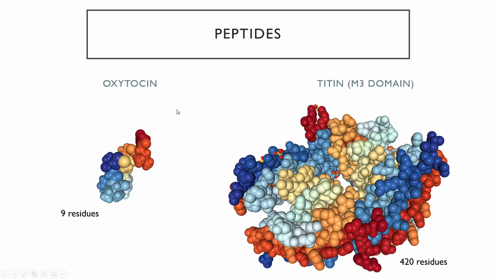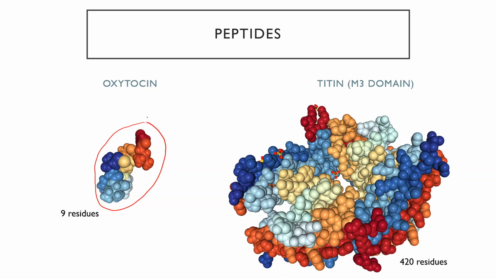And then, again, peptides come in lots of shapes and sizes. So by definition, a peptide, the broadest definition, is just any number of amino acids that are linked together by peptide bonds. But in practice, usually when you hear the word peptide, it's used to refer to very short sequences of amino acids. So for example, this molecule here is called oxytocin, and it only has 9 amino acids.